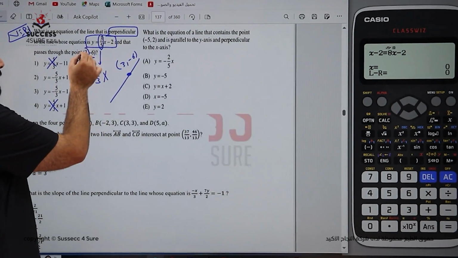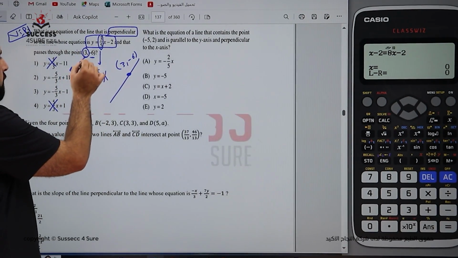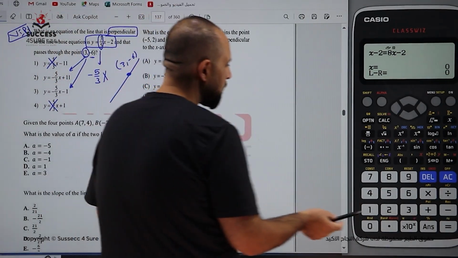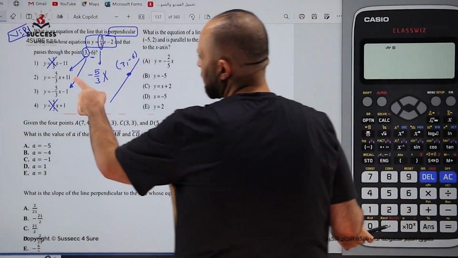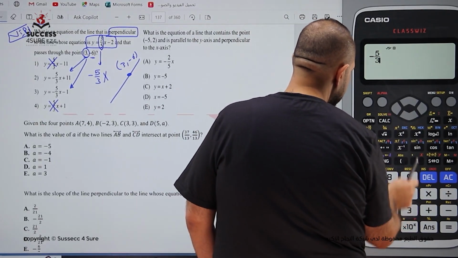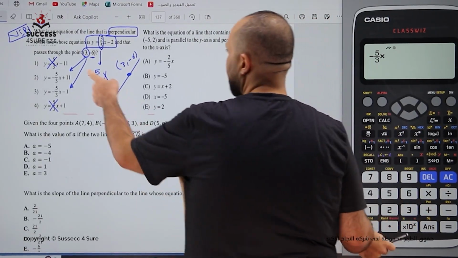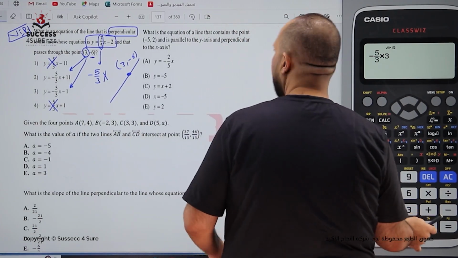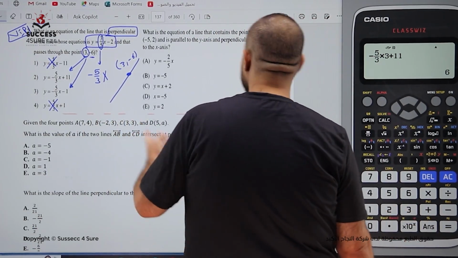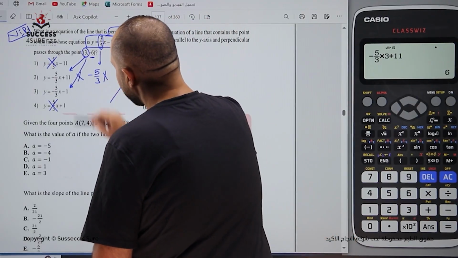Now substitute x in the function and look for which one gives us negative 6. Let's do it. The first one is negative 5 over 3 times x, which is 3, plus 11. The answer is 6, so it is incorrect.